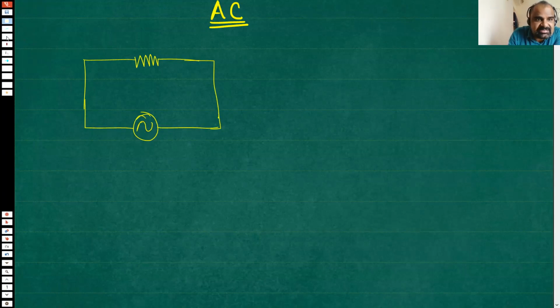Okay, this is a simple resistive circuit, a purely resistive circuit. Actually, slowly we will introduce some complexity also, like we will introduce a capacitor here, that will be an RC circuit. Then we will introduce an inductor there, that will be an LR circuit.